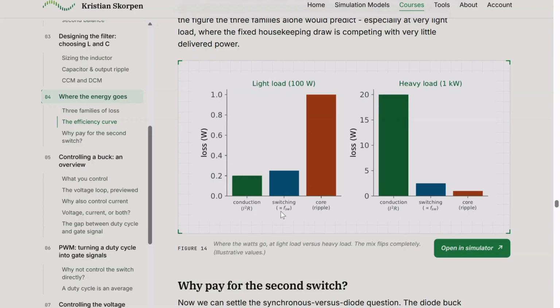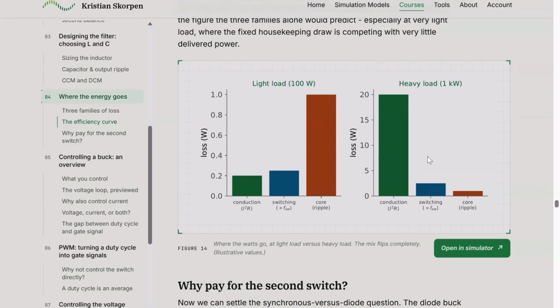The switching losses depend on the current, the voltage, the switching frequency, and also the temperature. So it is also lower. While the core losses, the magnetics losses, are quite high because they are independent of the current, right? They depend on the ripple of the current, not the magnitude of the current itself.